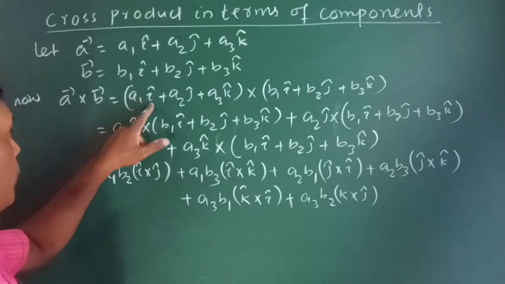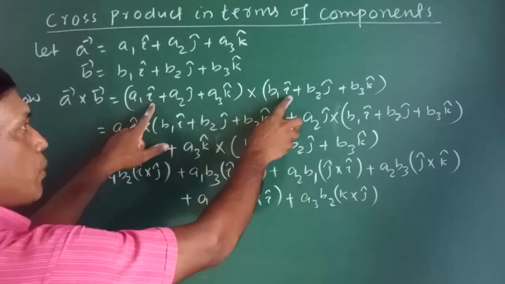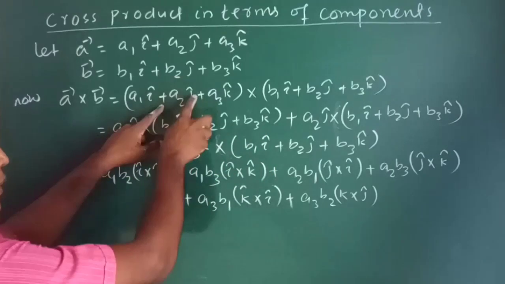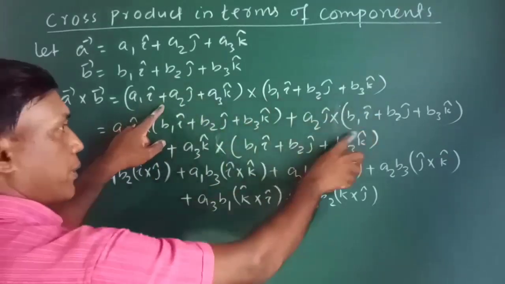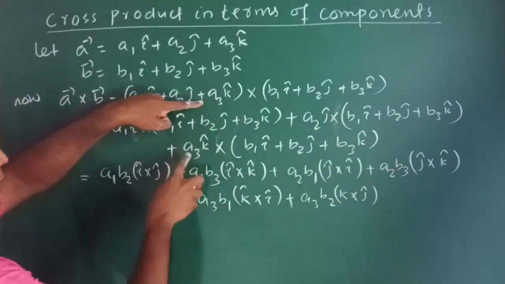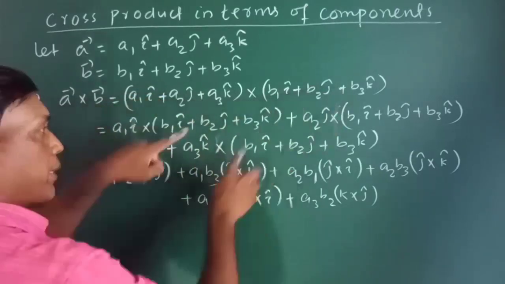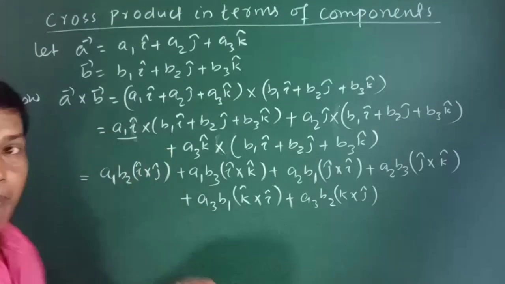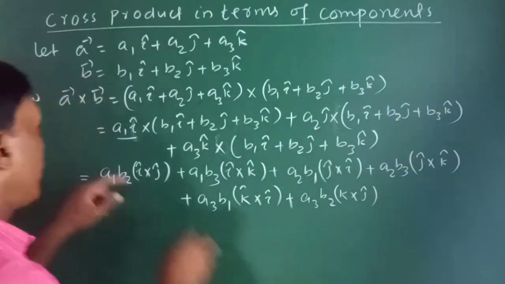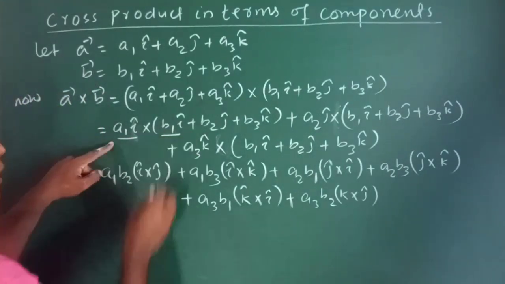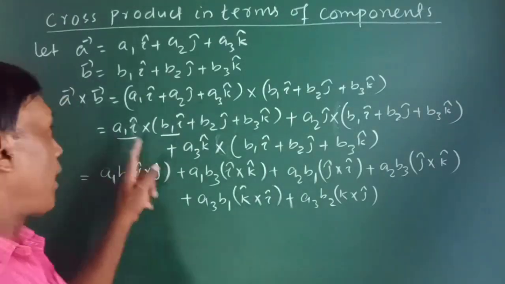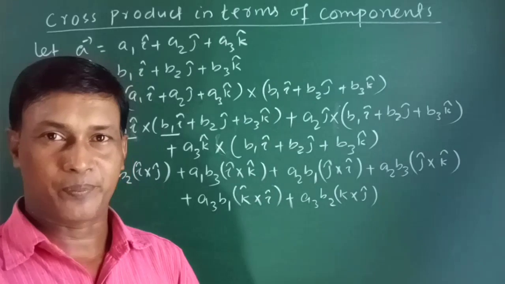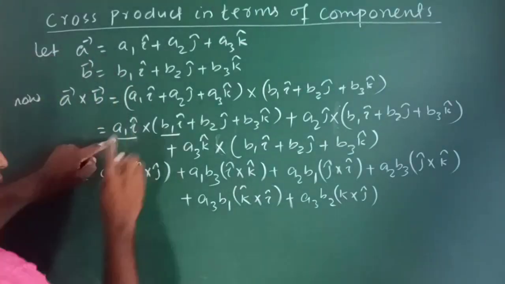That means A1 i cap cross (B1 i cap plus B2 j cap plus B3 k cap) plus A2 j cap cross the B vector plus A3 k cap cross B vector. Now A1 i cap, again applying distributive law, A1 i cap with B1 i cap, but we know i cross i is 0, j cross j is 0, k cross k is 0. So i cross i is 0.